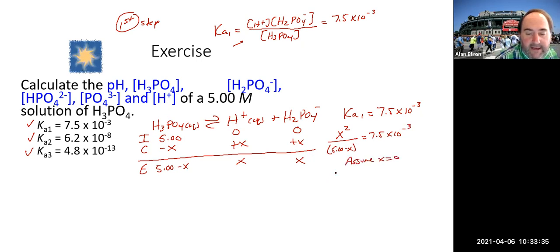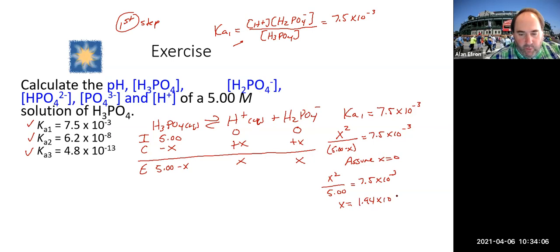That will give me X squared divided by 5 is equal to 7.5 times 10 to the minus 3. We're going to multiply the 5 to the other side and take the square root of it. And if we do all that, it looks like we get an X value of, we'll call it, 1.94 times 10 to the minus 1.